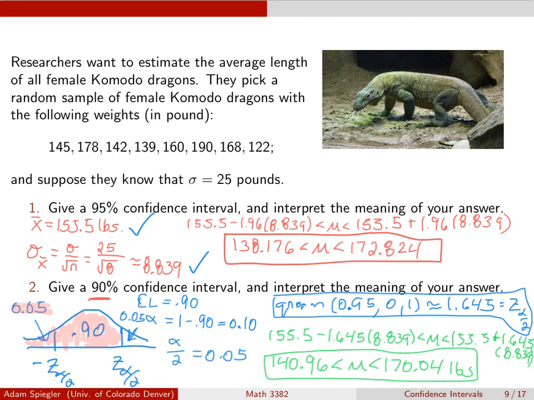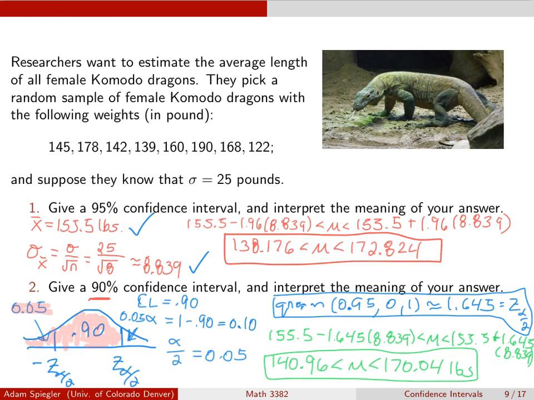And what I mean by that is the interval was a little bit more narrow than the one that we got in A. So if I make my interval a little bit more narrow, it gives me a little bit more specific estimate for this population parameter, but the trade-off is the rate of success is less.